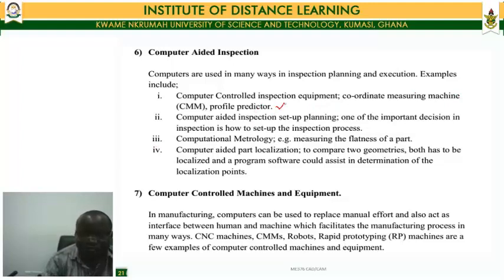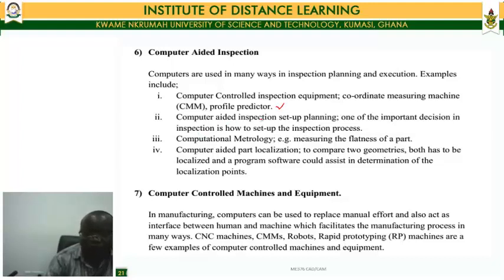So you can have a system where you have a probe which is measuring the profile of the part and then checking it against the standard size and then passing it or failing it as the case may be. That is doing quality control of an inspection.